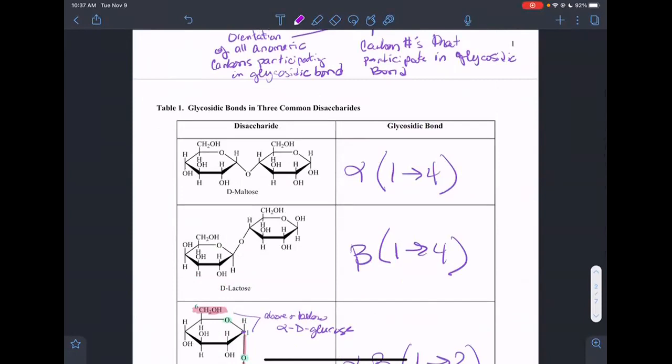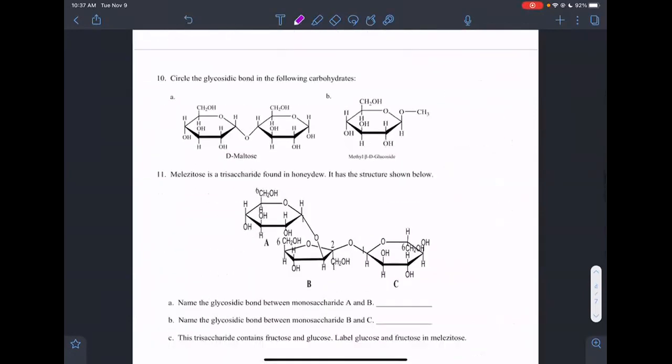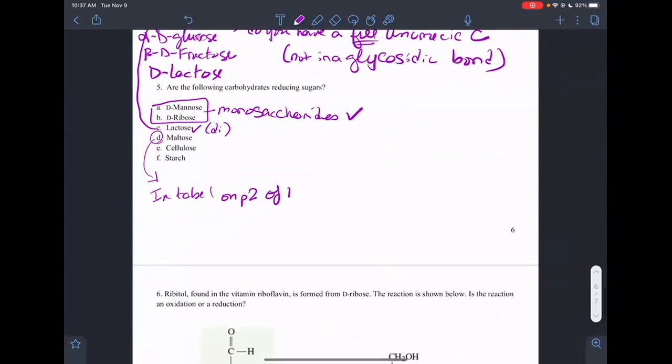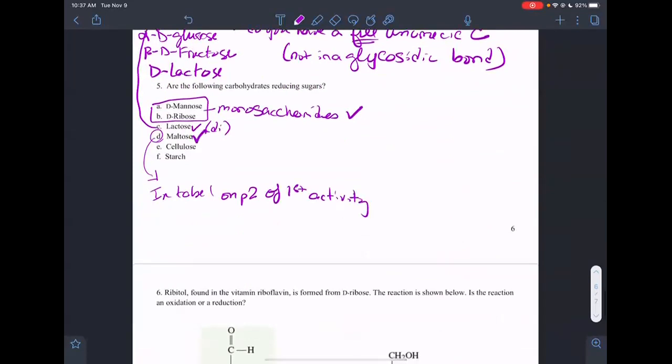So if we look at D-maltose, here's an oxygen, there's an anomeric, here's an oxygen, there's an anomeric. So this one is no, not free, but this one is free. So that makes D-maltose, if we come all the way down again, D-maltose of, let's see, first activity. That makes D-maltose, yes, it is a disaccharide, but it is reducing.